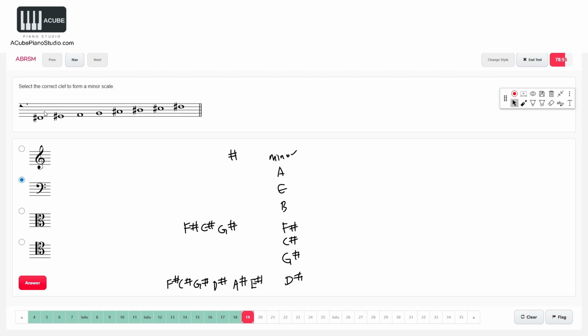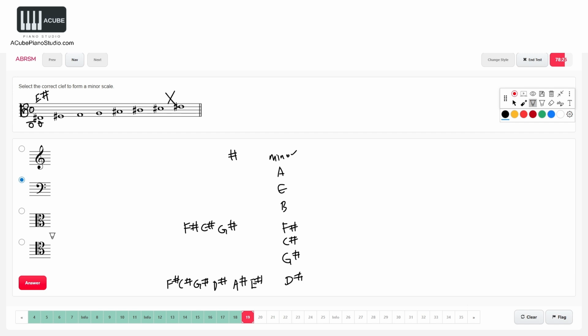If I were to use alto clef, then here would be middle C, and here would be C3, 1 octave lower than middle C. So what note is this? You can count from here or you can count from here. This is C, D, E. So this is E sharp minor. There is no E sharp minor in your syllabus, so surely it's out.